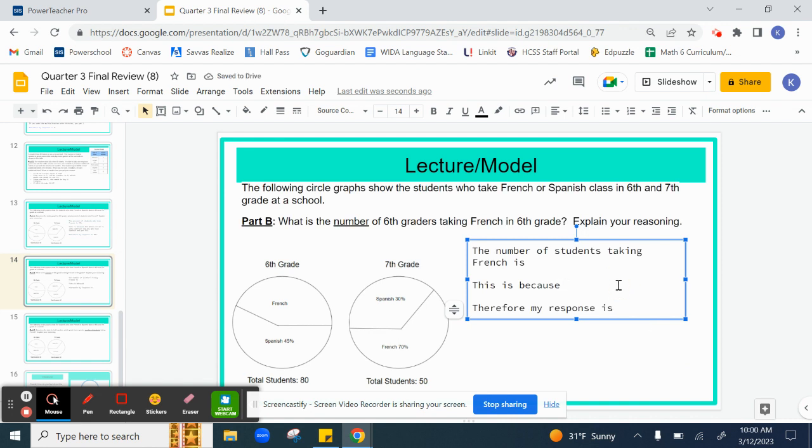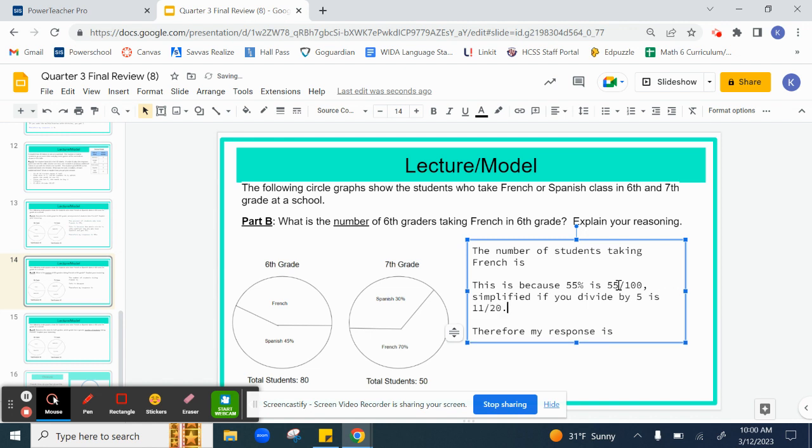We know that 55% take French, and that is 55 over 100. Simplified, if you divide by 5, is 11 over 20.